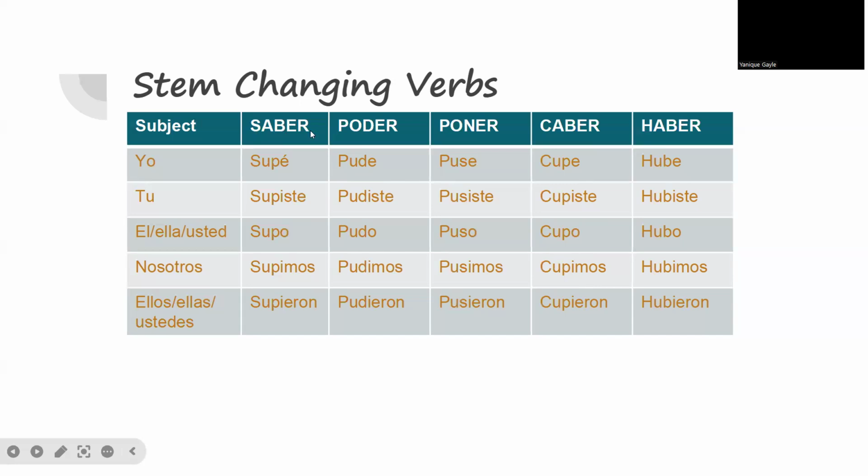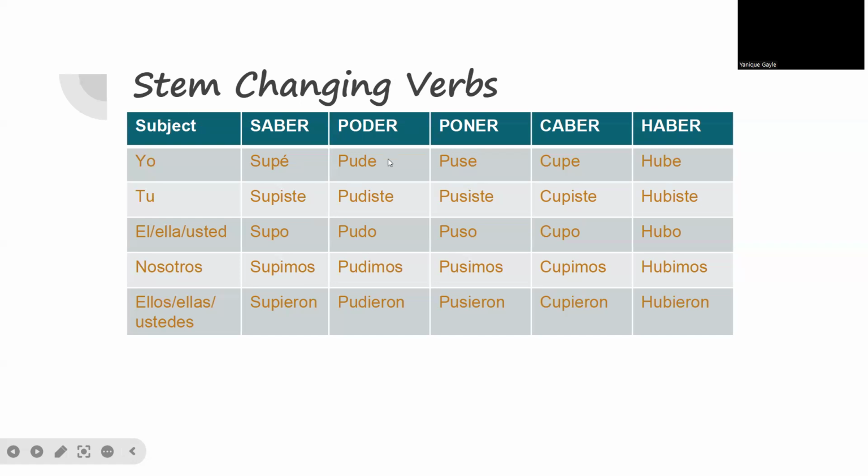So we have saber, which means to know. We have also seen conocer and saber. So it's the same verb here, to know, but in the past tense. So supe. And don't ask me where they got the P from. I don't know either. I spent the last 14 years asking myself, where did the P come from? I don't know. So it's supe, supiste, supo, supimos, supieron.